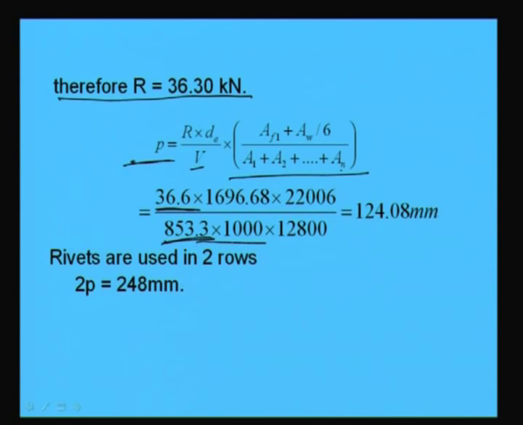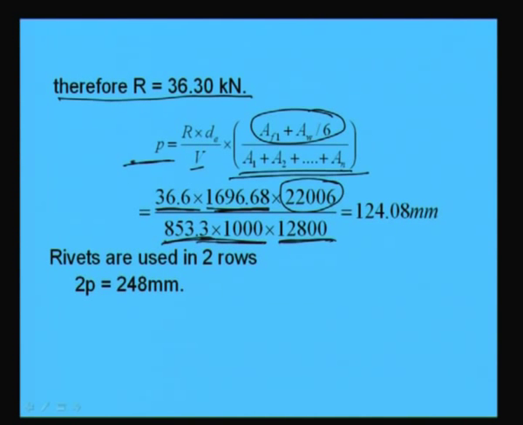To make it Newton, 1000 I am going to multiply, right, and dE is 1696.68, which has been calculated, right, and the total area AF1 plus AW by 6 is becoming 22006, and the area of plates for the flange is 12800, right.